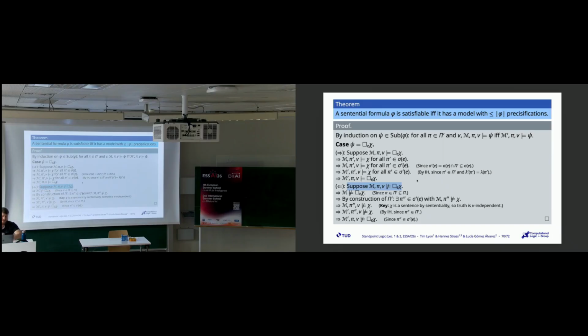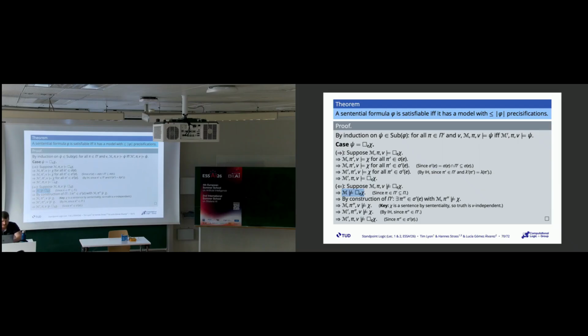So we can assume that this box subformula is not satisfied on m relative to pi and v. If that's the case, then this, of course, means that it does not globally hold on m. And now what happens is, by our construction, we have chosen in our pruned model a precisification that witnesses that this box formula is false.